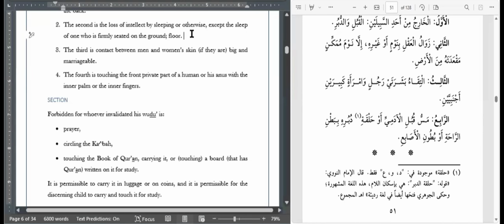Is that a condition though? It's not a condition. The ground or the floor, the ard, is not a condition. Why did the author say it like that? Maybe also because he wants to keep it easy for you. Because sometimes when the scholars mention their abstract rules, they're trying to word the rules in such a way that it covers everything all at once, and at the same time, is not criticizable.